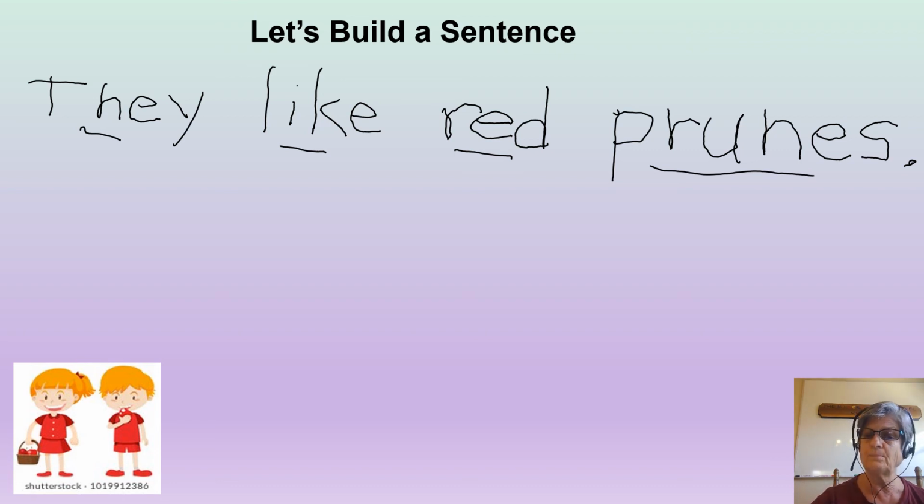Also, since I already put a period after prunes, I'm beginning a new sentence. A sentence is a thought. So I'm going to begin with another capital T and write the word they. T-H-E-Y. You write the word they, please.